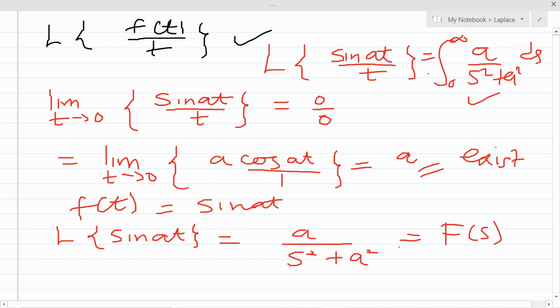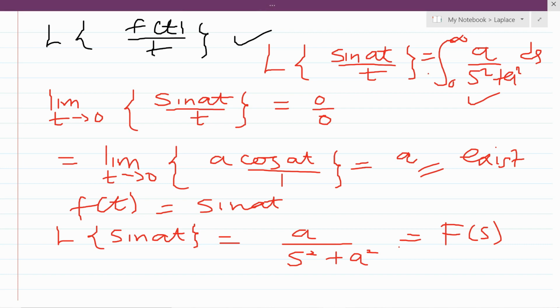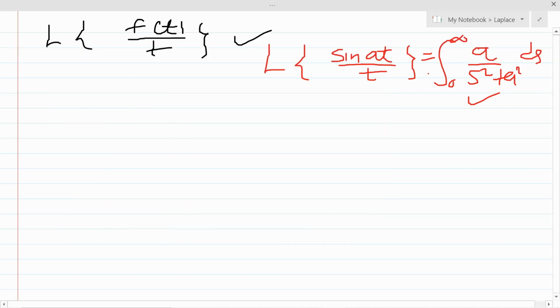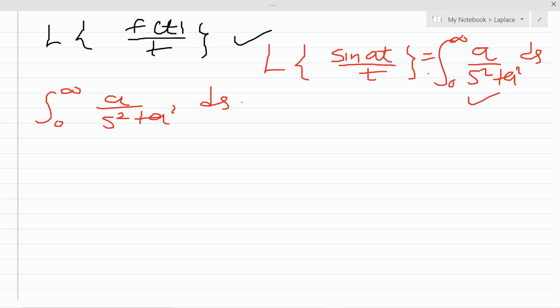This work is really plenty, but then we'll do it. So what we are going to do is integrate from 0 to infinity a over s squared plus a squared ds.